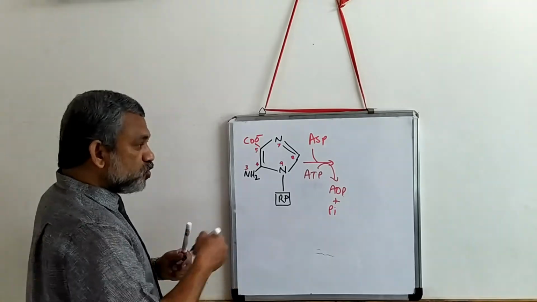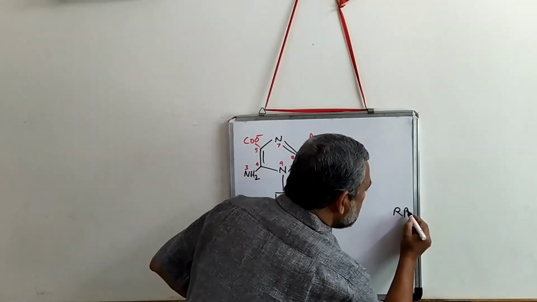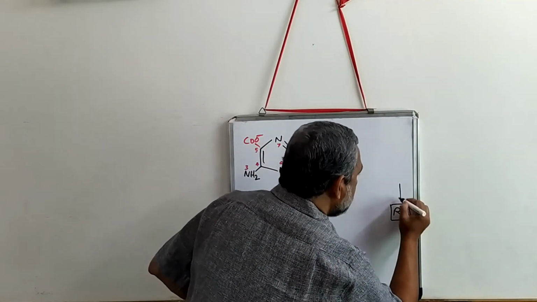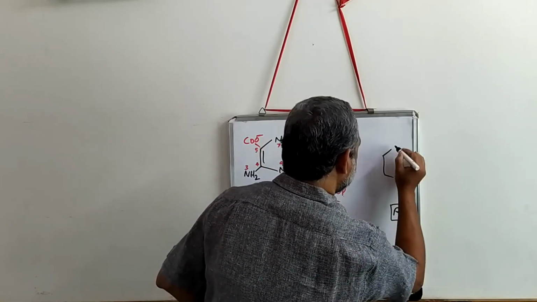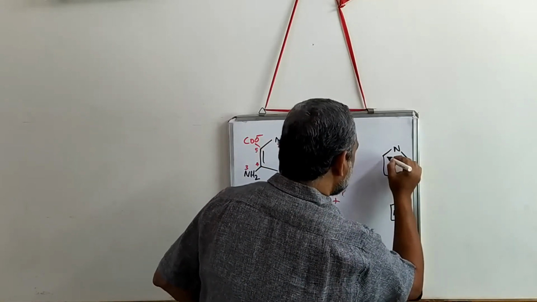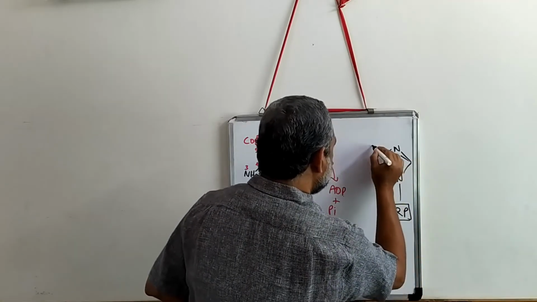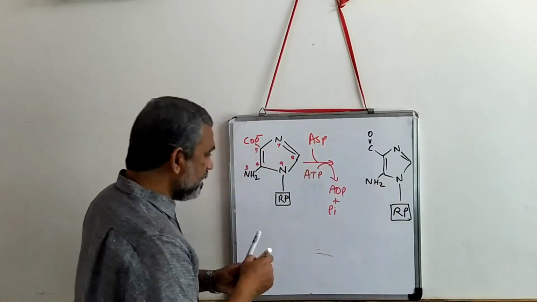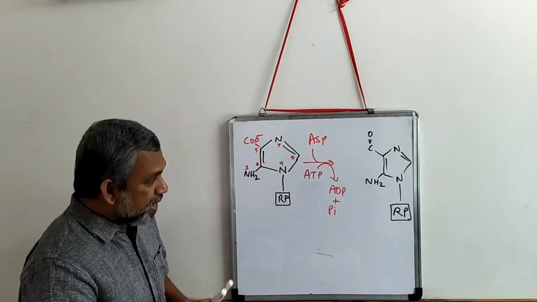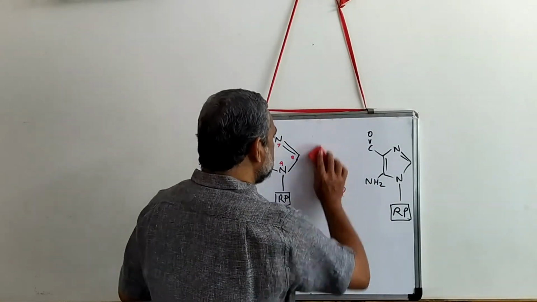So let us draw the structure here. So this is ribose 5-phosphate, and to that the nitrogen. The imidazole ring is formed, and this is the C double bond O. Here is the nitrogen, and in order to create more space, we are removing this portion.